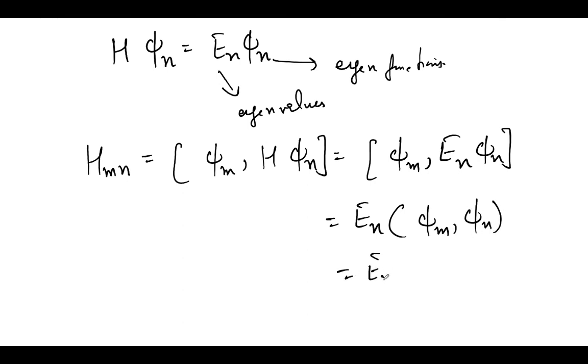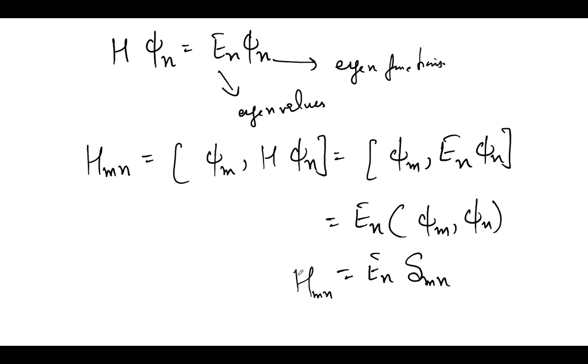So this we can write down as En delta of mn. This delta is generally known as the Kronecker delta function. Therefore, this Hermitian operator we can write in terms of this Kronecker delta function.